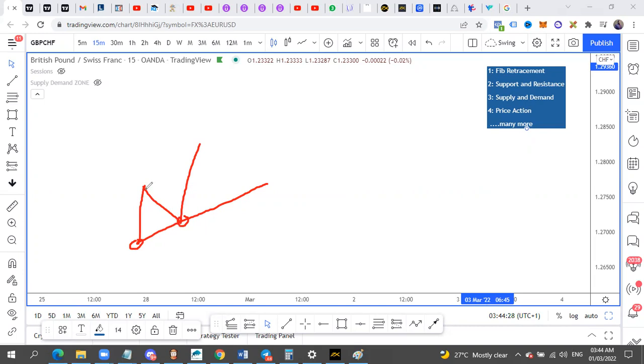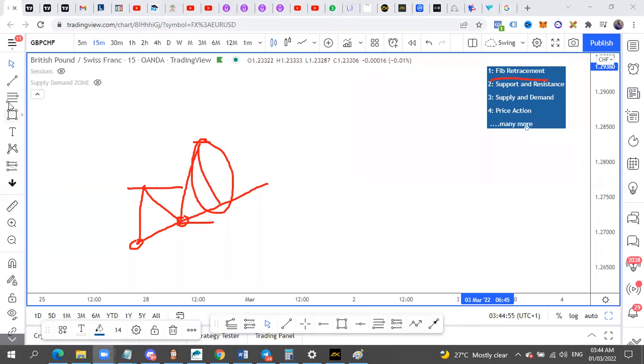Now, because the market is breaking this high, which is a break of structure, you need to wait for the market to retrace here. And when the market is retracing back here, you must be able to use the Fibonacci to get a potential retracement here.